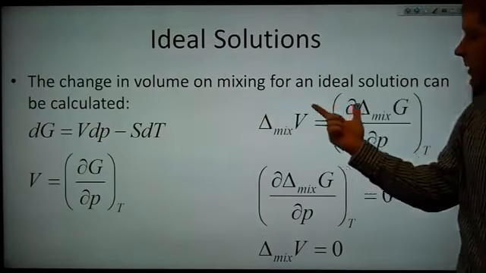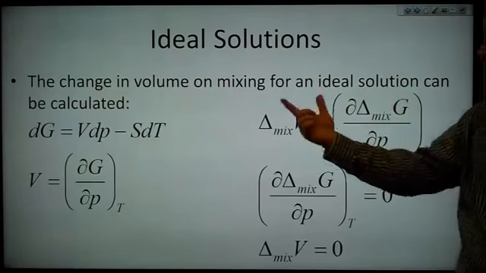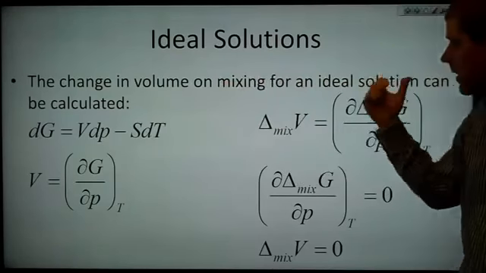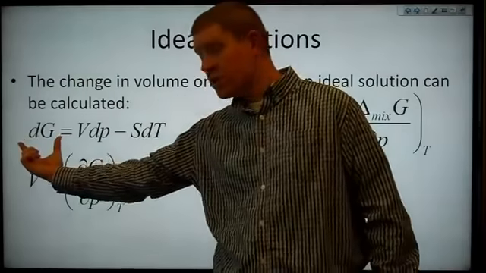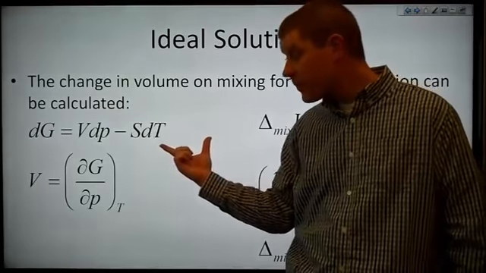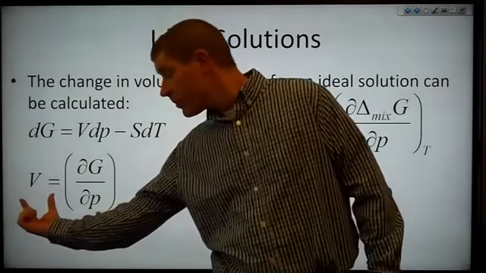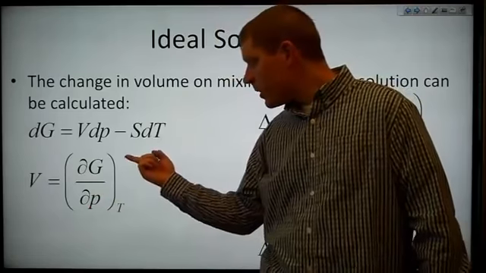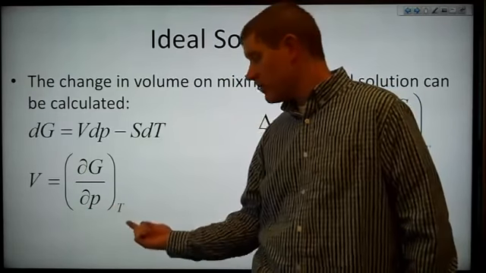So the change in volume of mixing, or the change in volume upon mixing, for an ideal solution can also be calculated. So we know that the change in Gibbs energy is equal to VdP minus SdT. And this means now that the volume is equal to the change in Gibbs energy with respect to pressure at constant temperature.